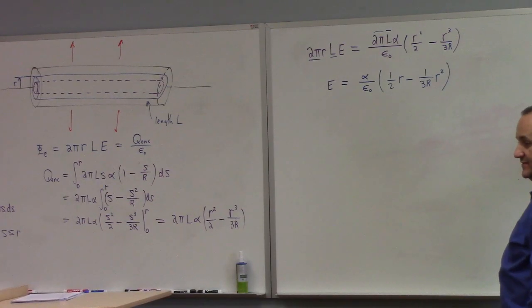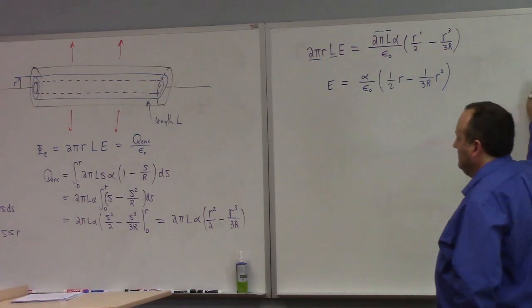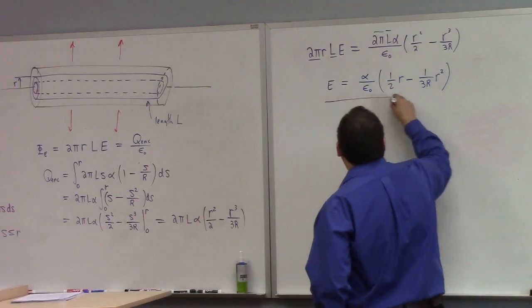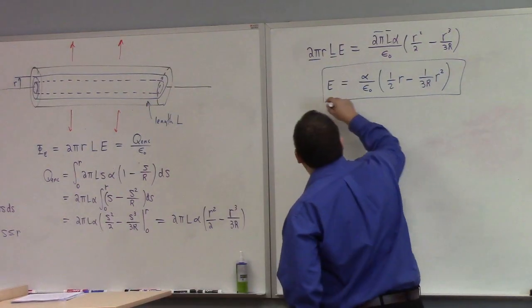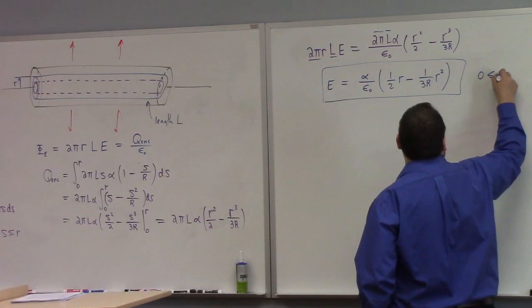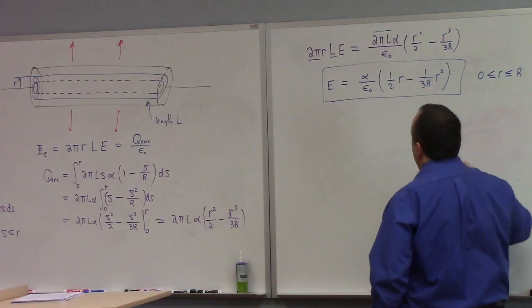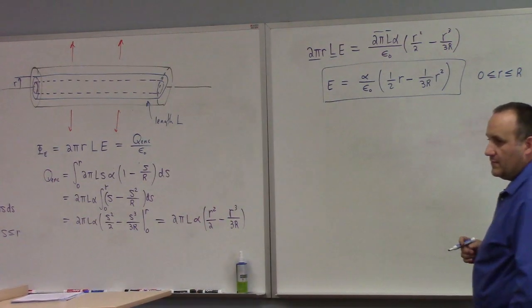Okay, well there it is. Does this make sense, like physically? And this, of course, is just for 0 less than or equal to r less than or equal to big R, right?